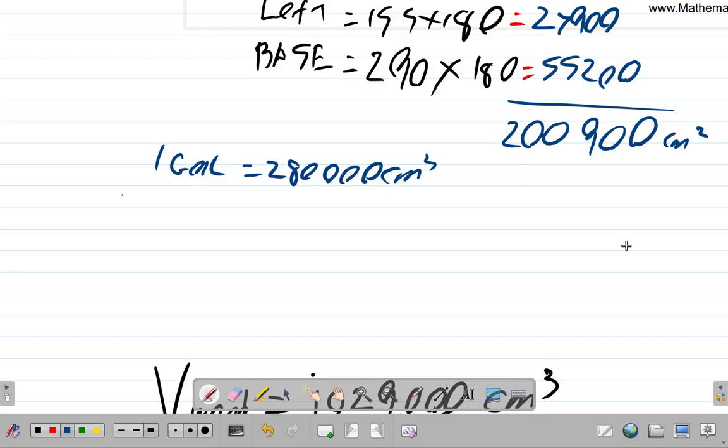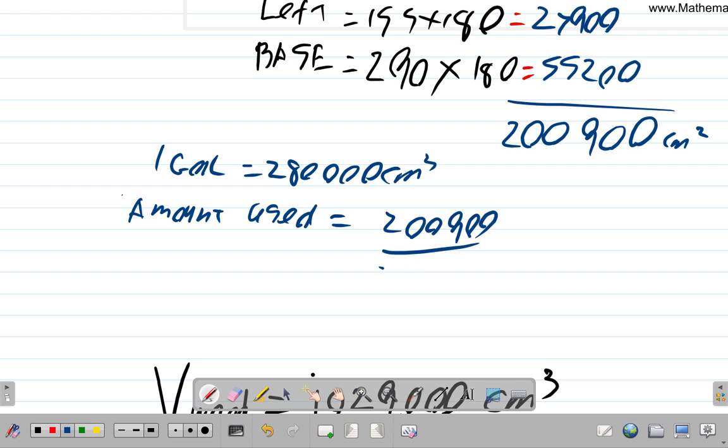Alright, so now, how much gallon of paint do you actually use? The amount used would have been 200,900 over 280,000. So, it doesn't use a full gallon.